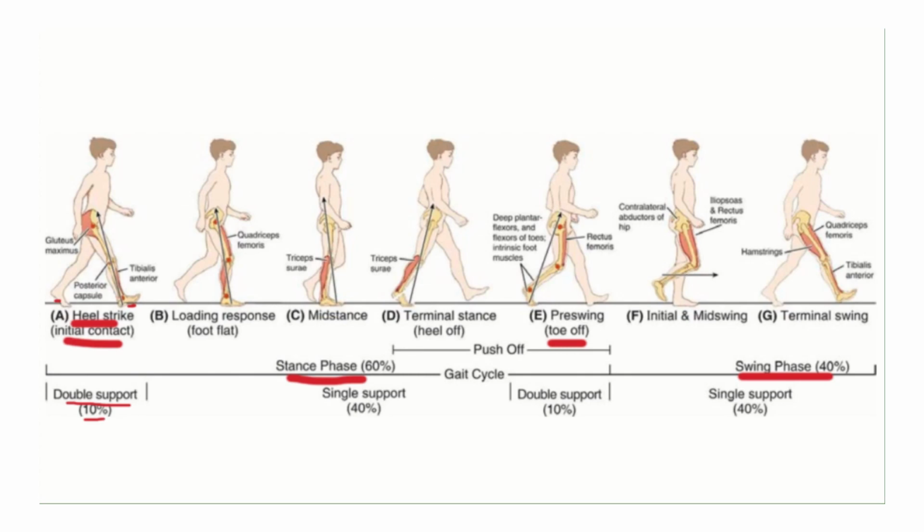Okay. So as you can see here, the next step is the loading response. As the name suggests, in the loading response all the weight will now be loaded onto one foot, or the single limb.